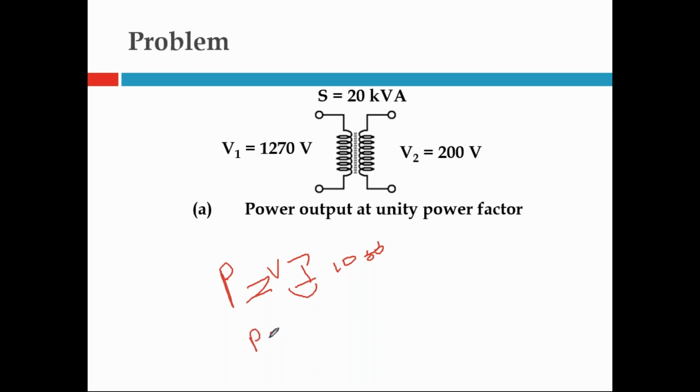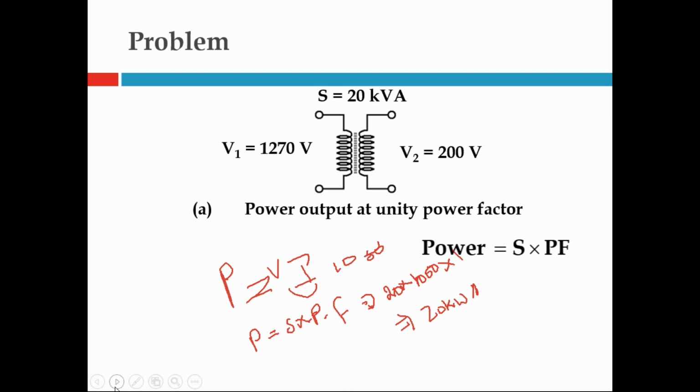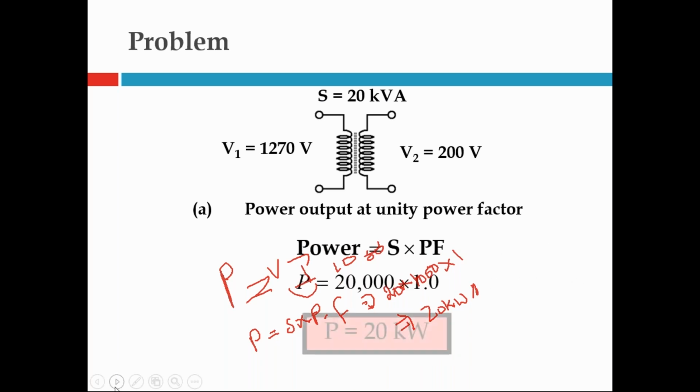So P equals S into power factor. Here the S rating is 20 into 1000, and the power factor is 1. So finally we get 20 kilowatts. That is the real power of this transformer. Let me check that answer. Right, so this is the answer for this problem. P equals 20 kilowatts.